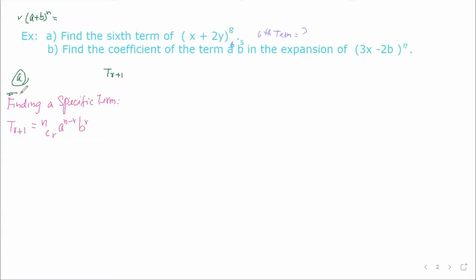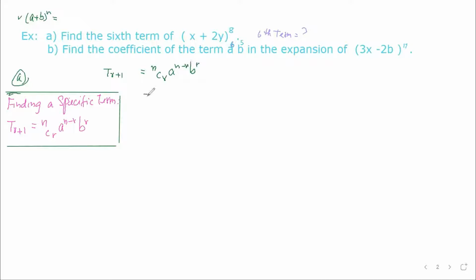This is the formula. Let me write down here. Okay. So now we start to work on equal to NCR A power N minus R times B power R.